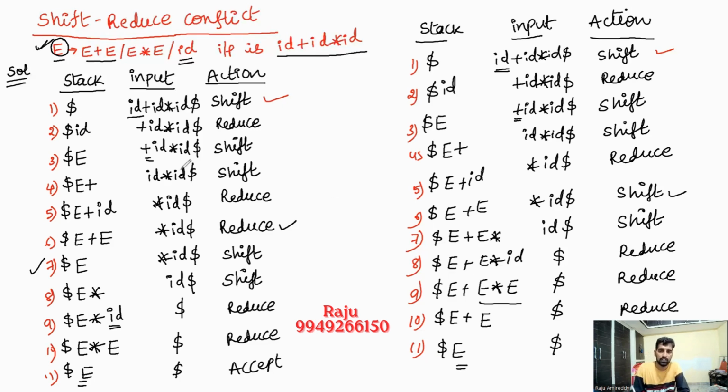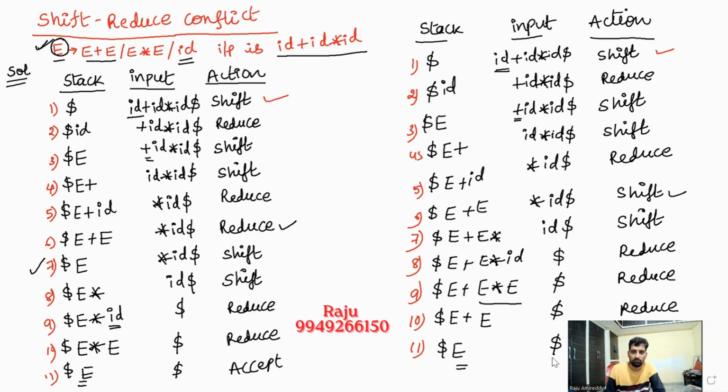There are 11 steps in both left and right. Now what will be happening in this problem? So in the 7th line, E plus E. Now you see here, E plus E is converted as E. But if you see E plus E, I am going to send the input value to the stack. Anyway, we'll get the problem as accepted.